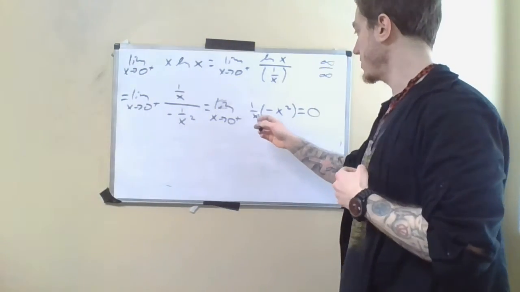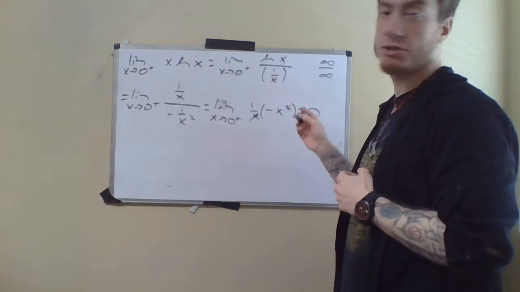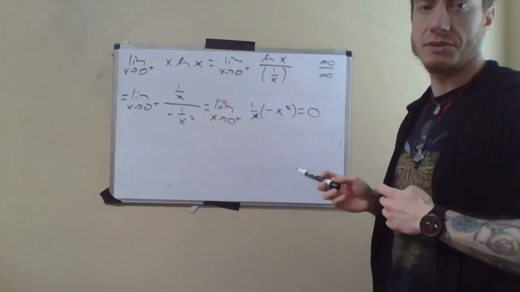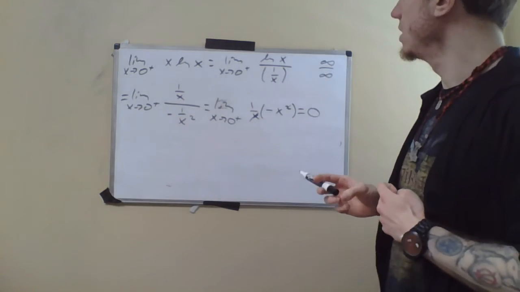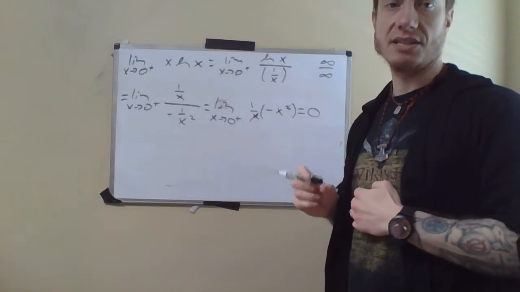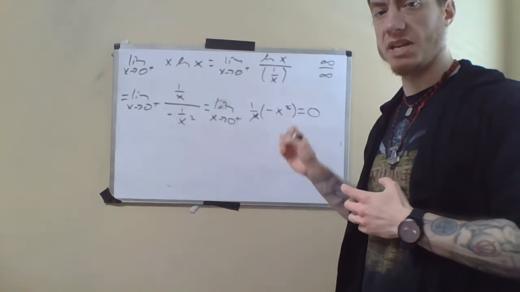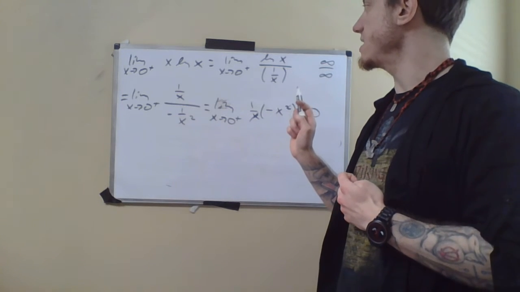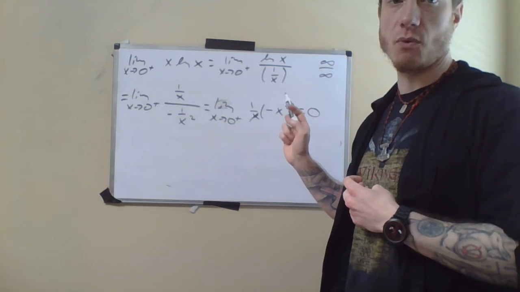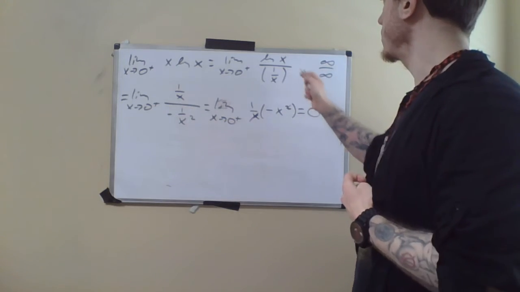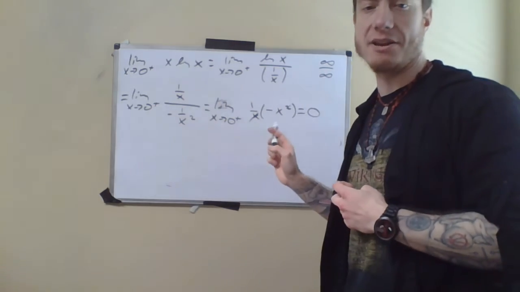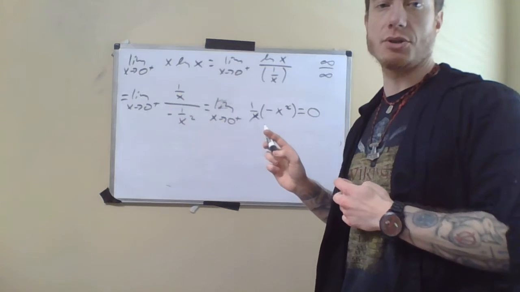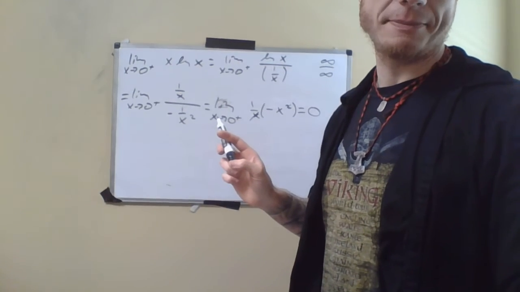Because, of course, we can now cancel the x with one of the x squareds here, and we end up with 0. So, in this case, we started with a 0 times infinity form, and then we were able to rewrite it this way and use L'Hopital's rule in order to figure out our limit.